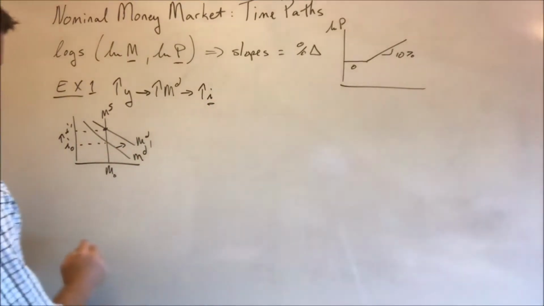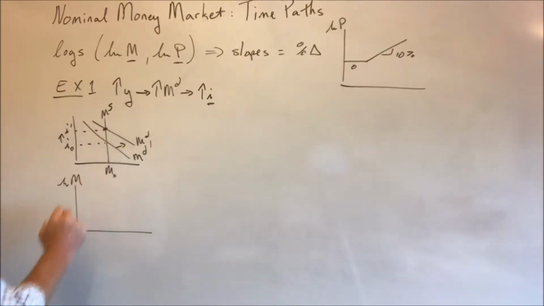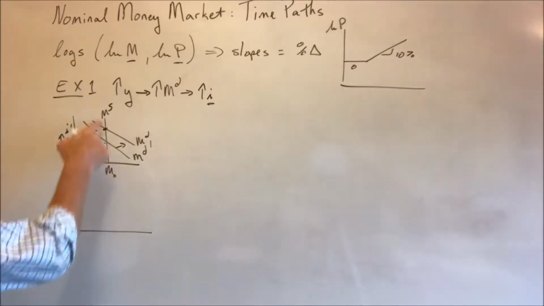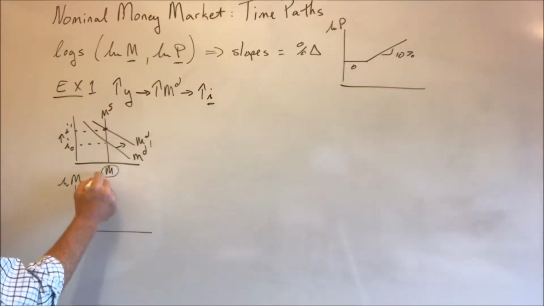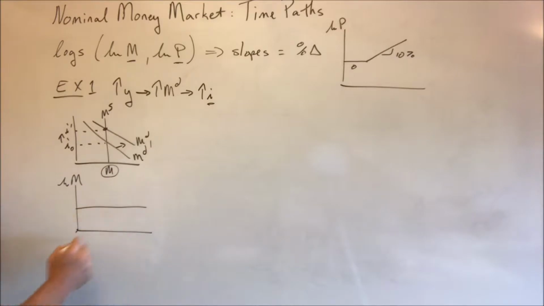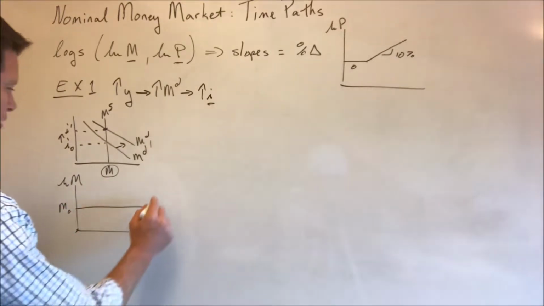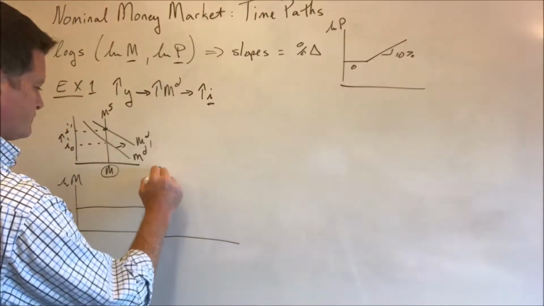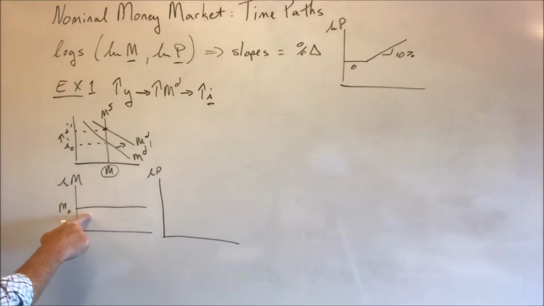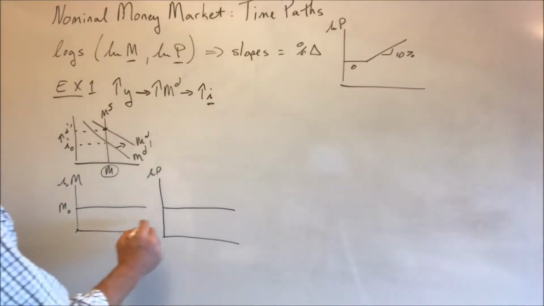So if we look at that here, we'll have the log money supply. Notice it never changed here. We're technically tracing out this path. So it goes along here. It never changes. The log of the price level. Since money never changed, the price level never changed. And it looks like that.